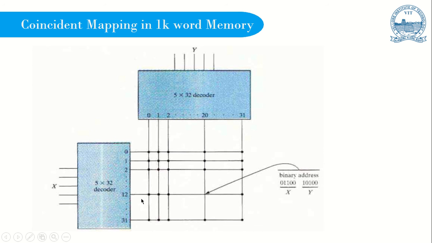So the particular memory location at the 12th row along the X direction and the 20th column along the Y direction indicates the 404th memory location which I want to access.